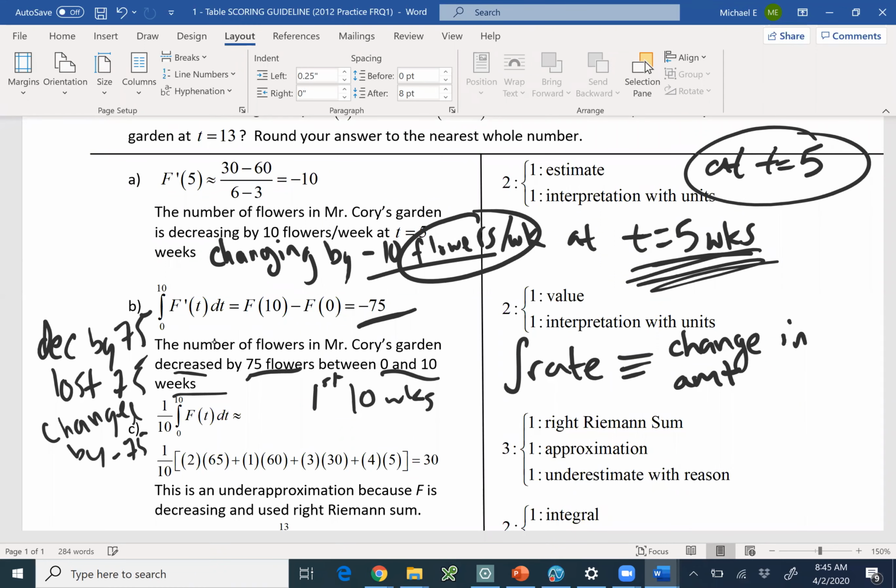Those would all be synonyms for that. So that's perfect. Essentially, as long as you have the 75 number and it's clear that it went down, not up, and as long as you have the 0 and 10 weeks, you'll get the point. I think those are the two main things that they're looking for.